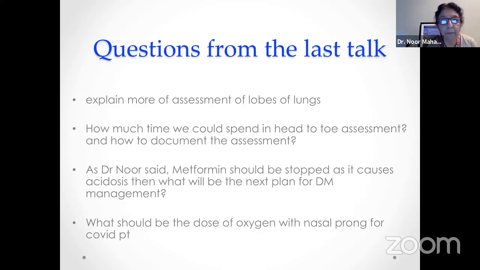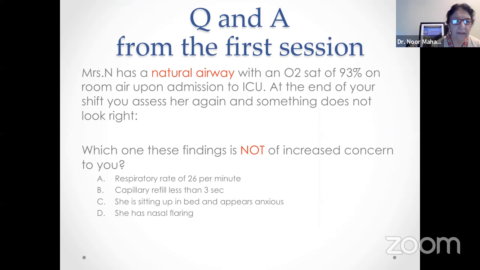But more importantly, metformin is a drug that in a state of dehydration and acute illness can add to lactic acidosis and cause dehydration. So you do not want to use metformin. The alternative in the hospital is insulin, even if your patient is on an oral agent. And then when the patient's ready to be discharged, you can decide on a plan of care for the patient. So I hope that answers the question. Is there another question at the end? Okay.